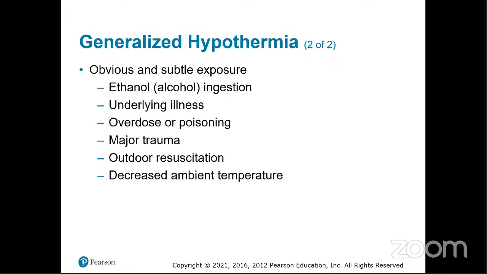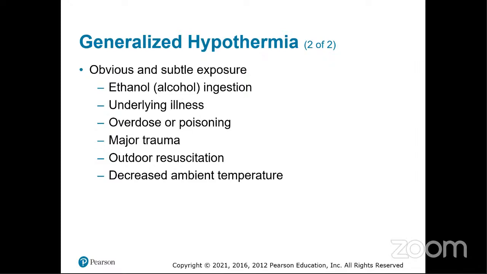So some obvious and subtle exposure. If we have alcohol ingestion, we had one 2 or 3 years ago in Mount Pleasant, where a man got drinking at Christmas and went out, just laid down and died in the snow from hypothermia. Underlying illness, if you're sick, overdoses or poisoning, major traumas can cause it.